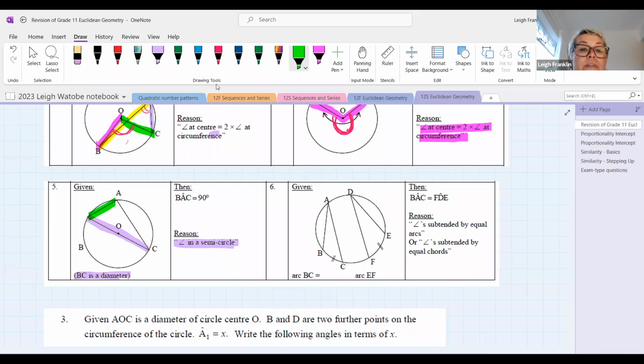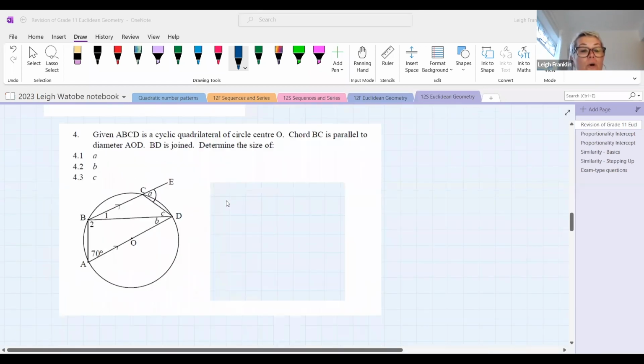So in other words, this angle over here at A, BAC, is 90. So angle in a semicircle means that the angle at the circumference is equal to 90 degrees. Okay, so let's have a look at this question over here.